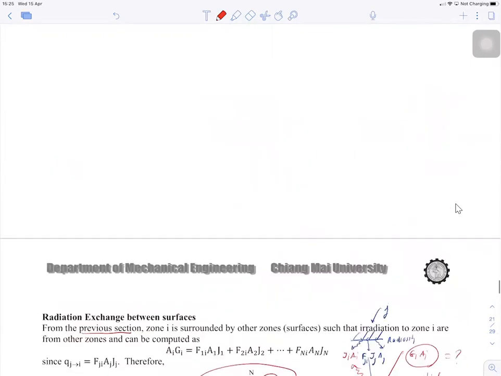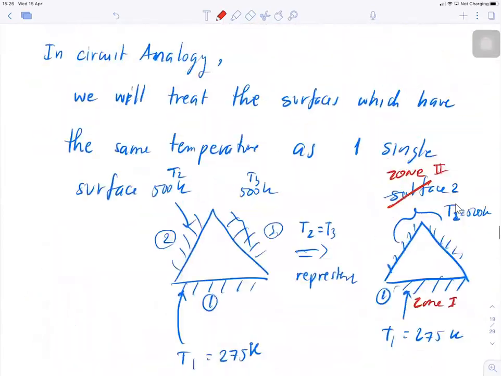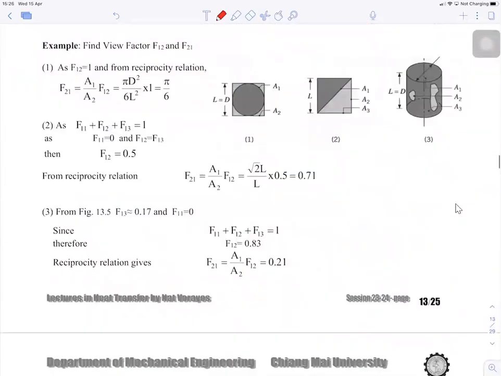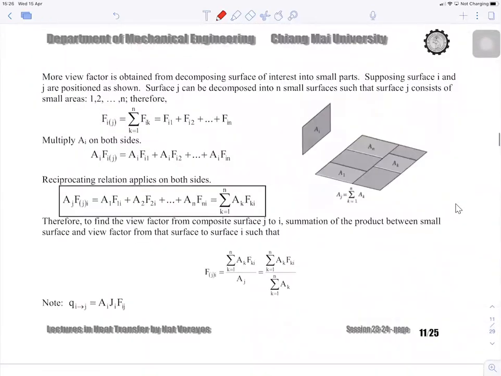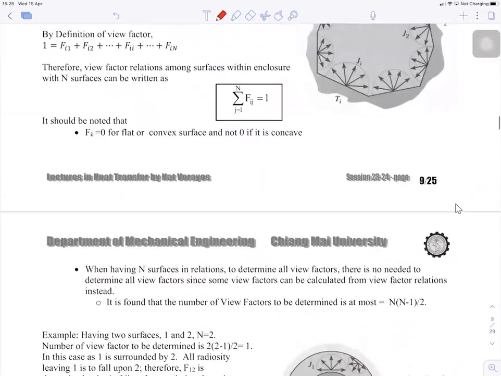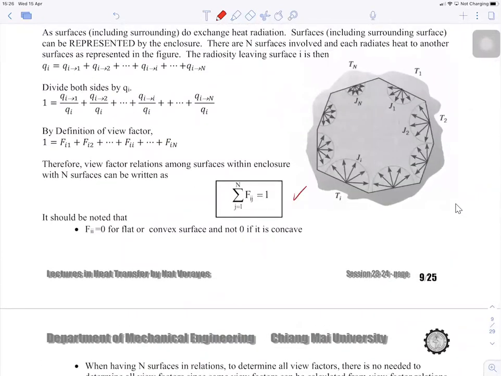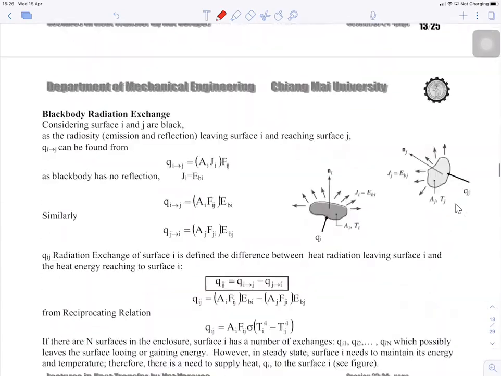Remember? If you don't remember, I'll go back to the slide. Here, this slide: the summation of Fij when j is running from 1 to n is equal to 1.